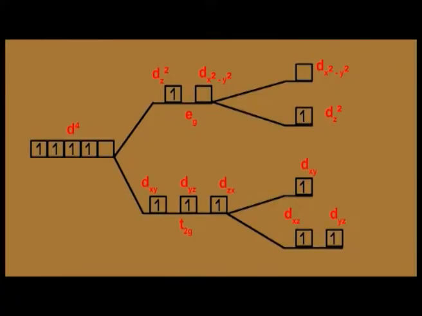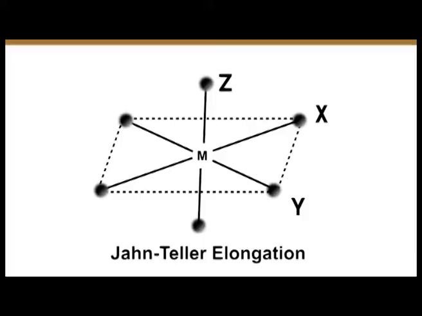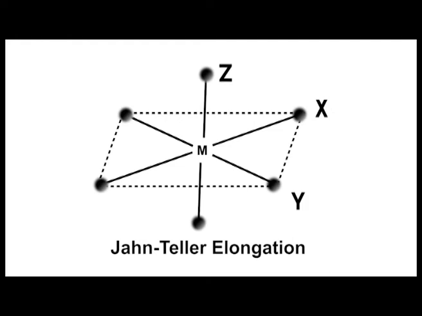If Eg orbitals are asymmetrically filled, by the way dz square occupy one more electron than dx square minus y square orbital, then ligands coming from z axis will be repelled more compared to ligands coming from the direction of x and y axis.